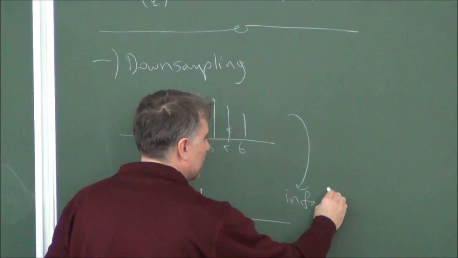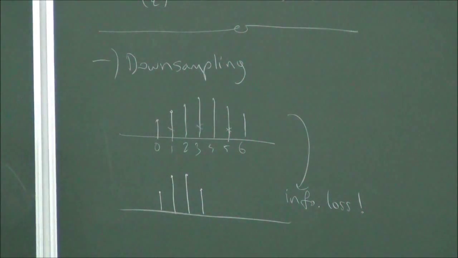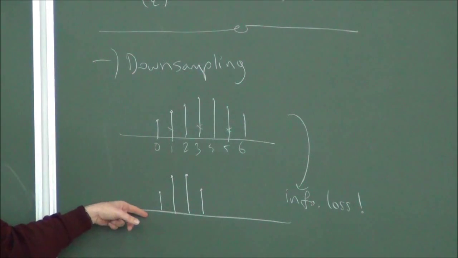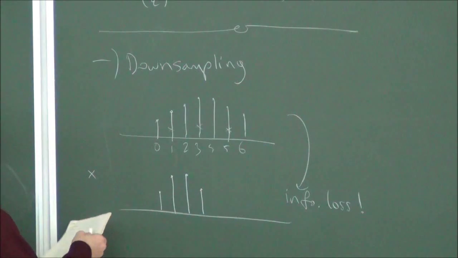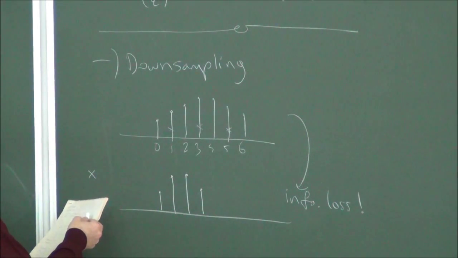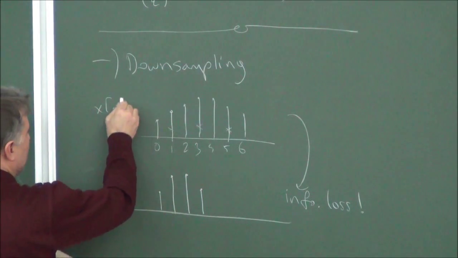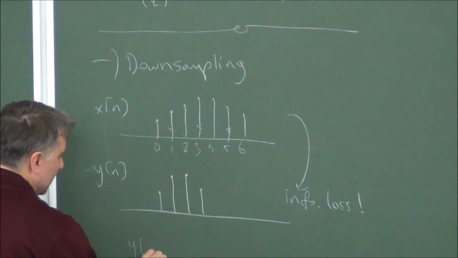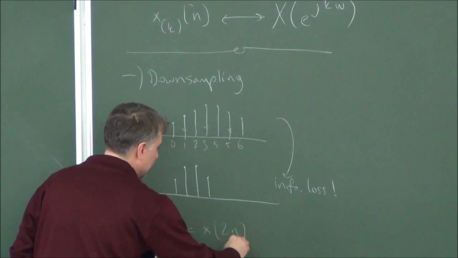So there is information loss in downsampling. But the formula here is easier in the time domain. If this is x of n and this is y of n, then y of n is nothing but x of 2n.